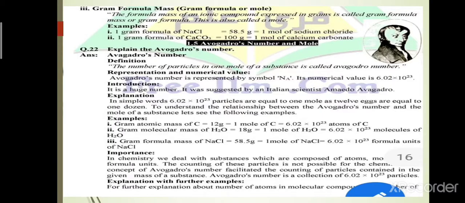So AMU simply determines the atomic masses of other elements. It is the simplest unit scientists use to determine mass. It cannot be used in numerical calculations.